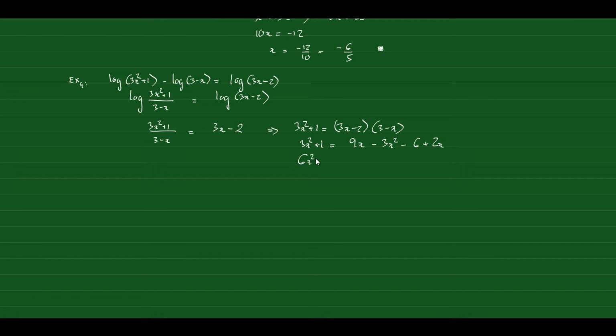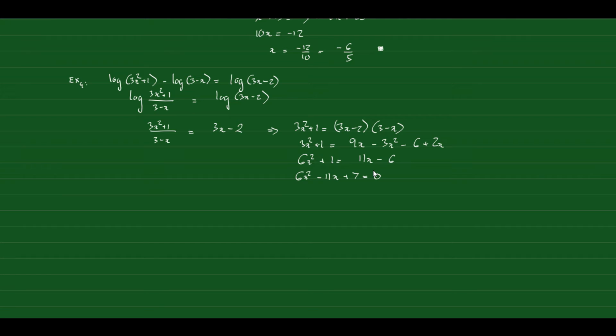So we have 6x squared plus 1 equal to 11x minus 6. From here I can solve this quadratic by subtracting 11x on both sides and adding 6 on both sides. So I have a quadratic.